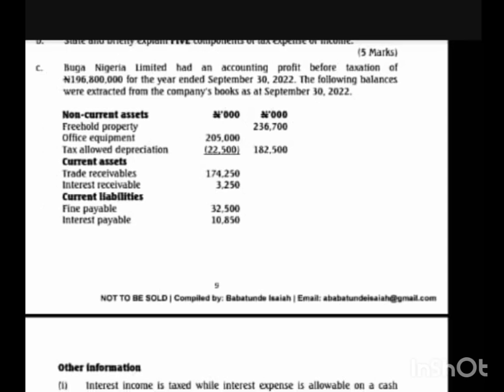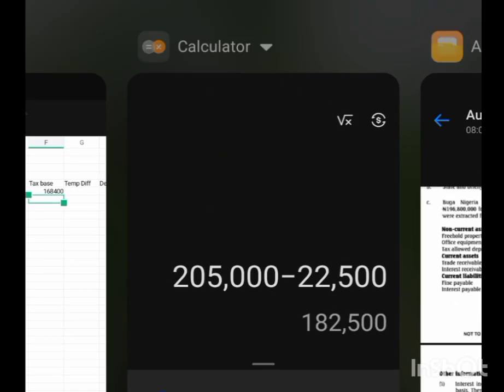The office equipment has 205,000, which is the carrying amount. Since they don't give us the cost of this equipment, we'll just assume 205,000 naira, because we are not given the cost of that office equipment. Just remove your capital allowance from that 205,000 naira and you have 182,500 naira, because there is actually no other way you can do it aside from that. So we have 182,500.